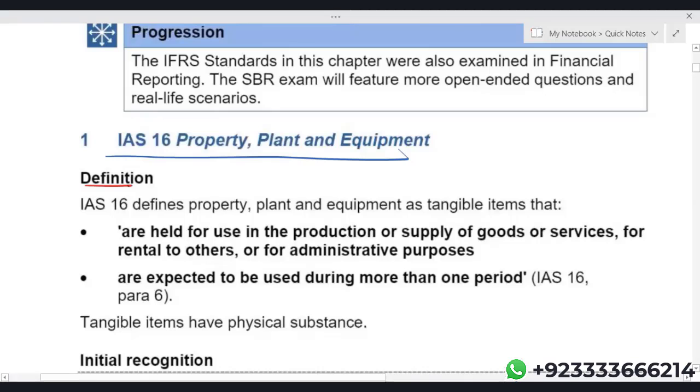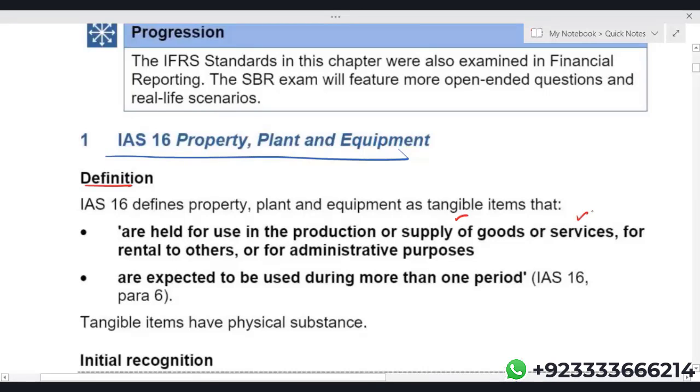Second, we have lorries. And what do we do with those lorries? Lorries are used to supply goods to others. For example, by using the lorries, we take manufactured goods from our business premises, deliver them to the premises of our customers. So on those lorries, IAS 16 is applicable.